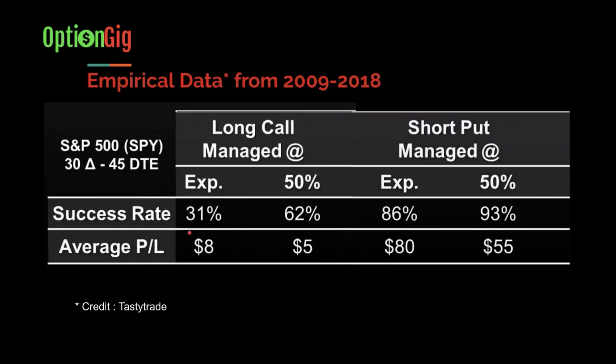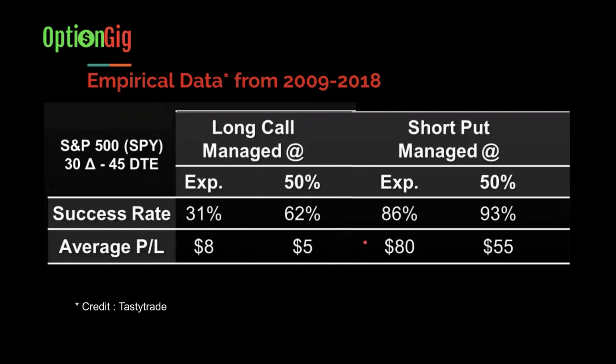If you had sold a put, your success rate was much higher and your average P&L was way more than by buying a call. The reason is, number one, higher probability of success. Number two, the initial premium that you get gives you a cushion for the time when the stock goes against you.